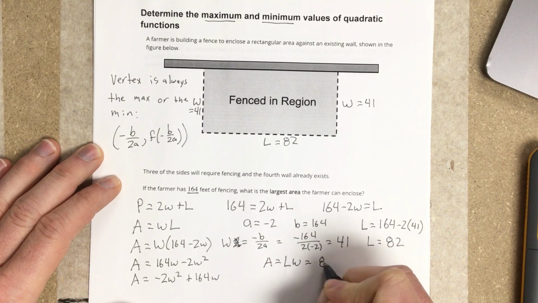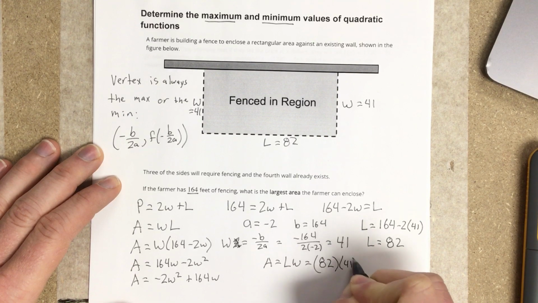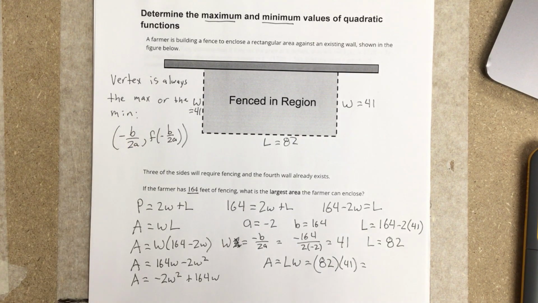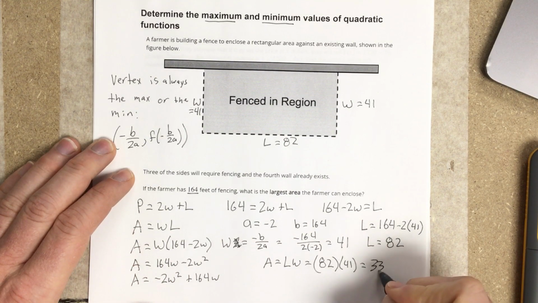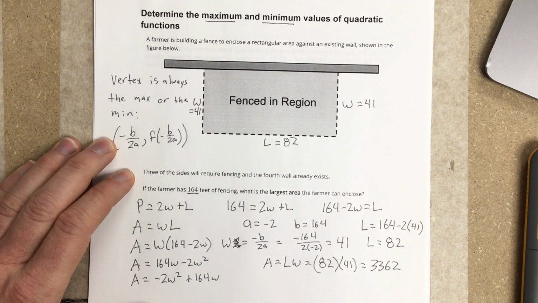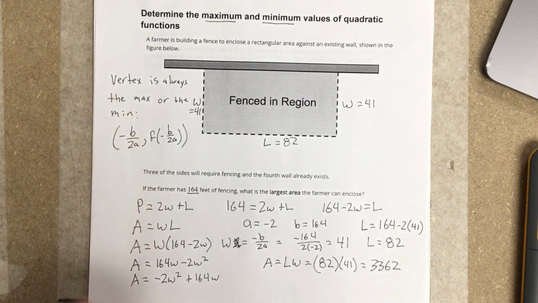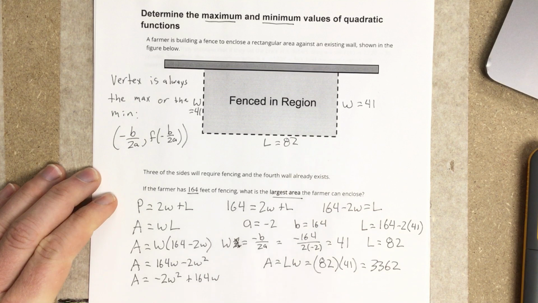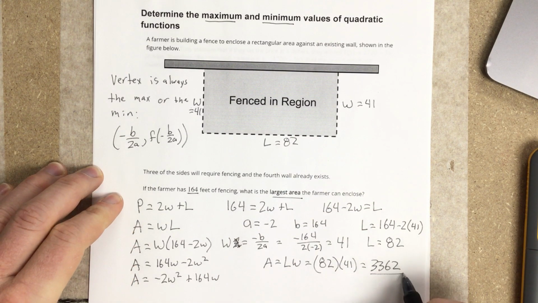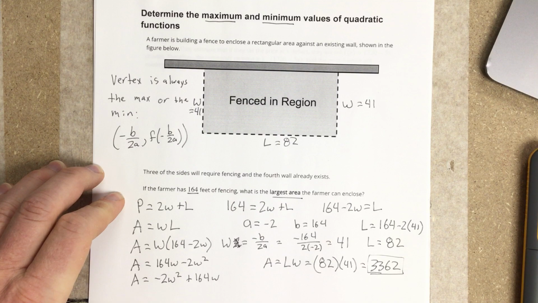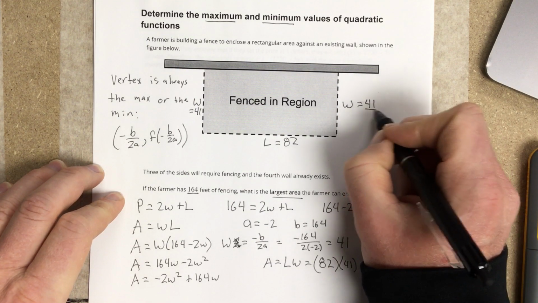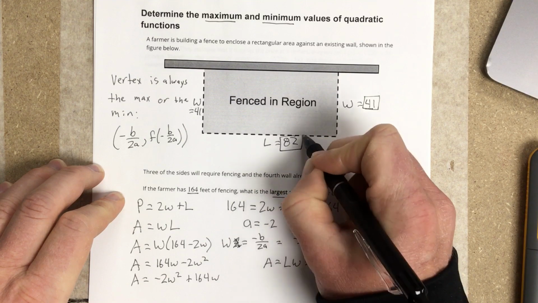So I'd have 82 times 41, which gives 3,362. And 3,362 should be the area of that rectangle or fenced-in region. It said, what is the largest area? So that would be the largest area right there, 3,362. We got 41 for the width and 82 for the length.